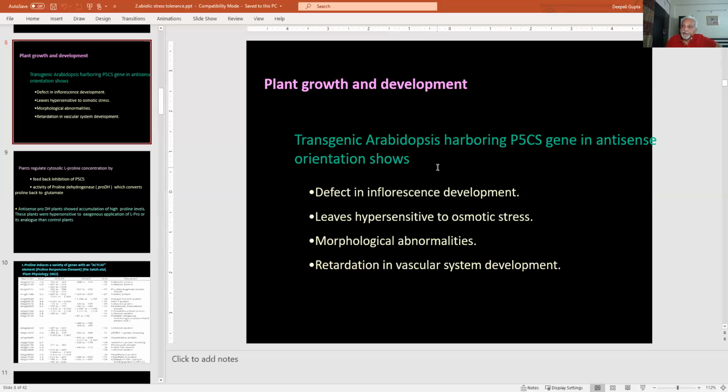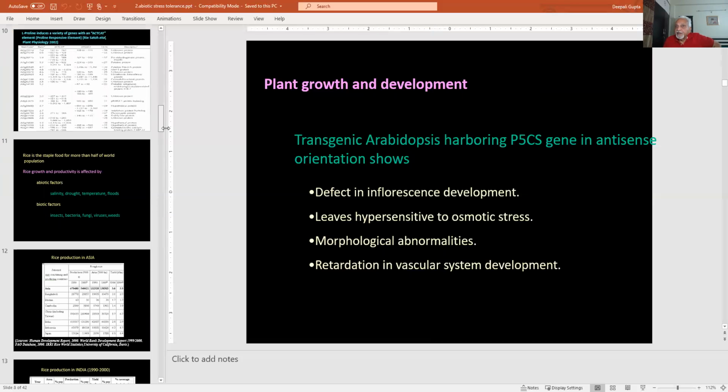Because when you silence this gene or reduce its expression using antisense technology, it leads to these kinds of deformities and also makes the plant hypersensitive to osmotic stresses. So this added another angle to the story, that proline has many functions. It also regulates developmental processes.